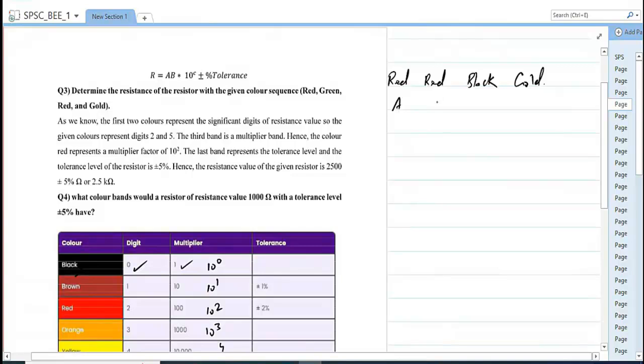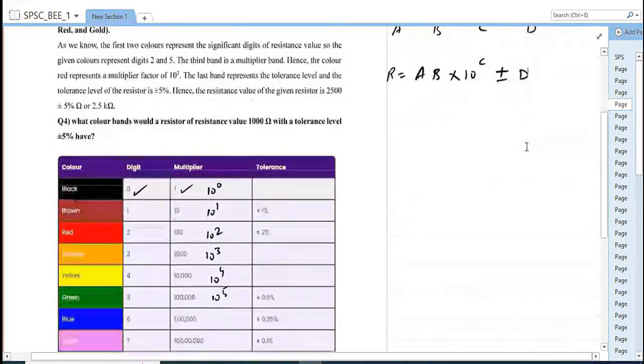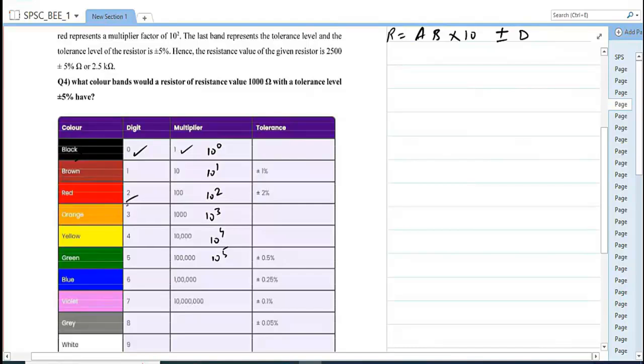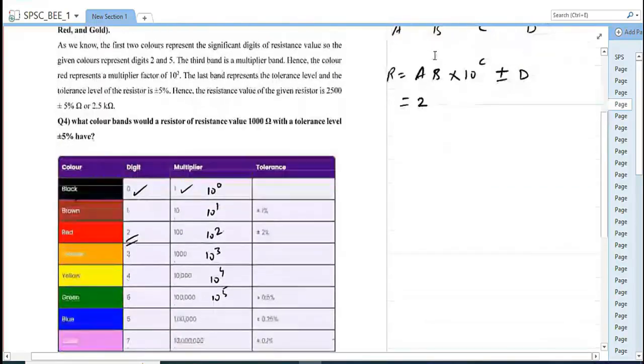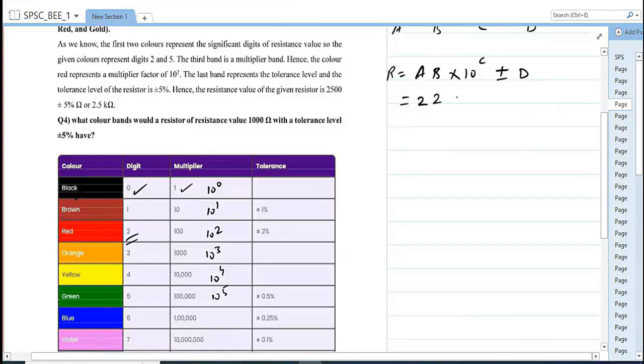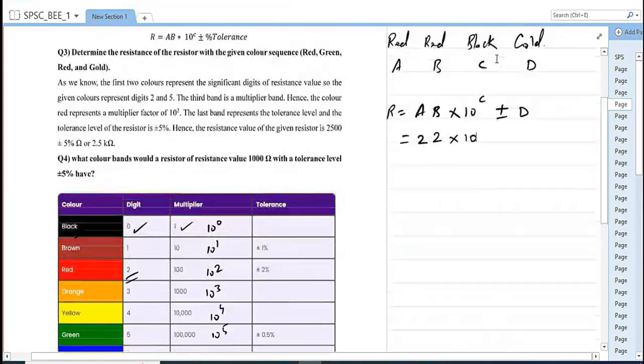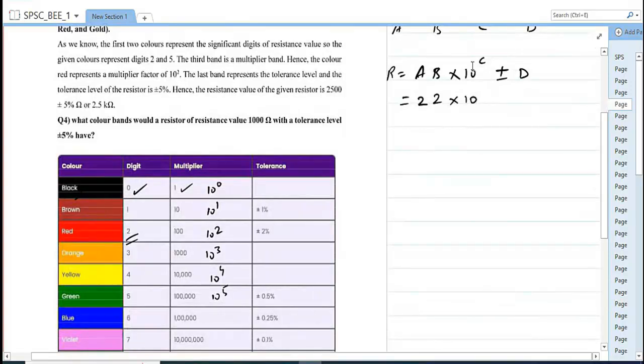This is A, this is B, this is C, this is D, and the total resistance will be AB into 10 to the power C plus minus D. Now what is A? It is red. What is its digit? 2. So put here 2. B is also red, so 2 2 into 10 to the power C. In place of C there is black. Black means 10 to the power 0, plus minus.